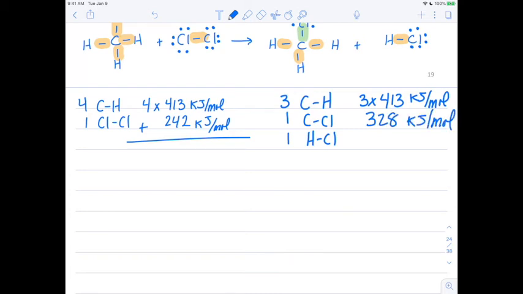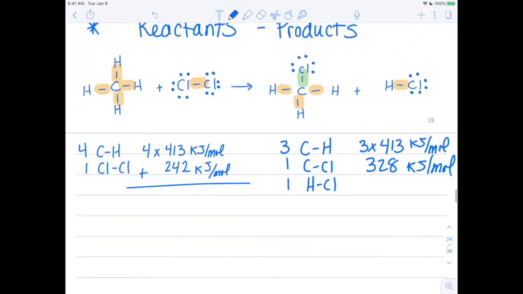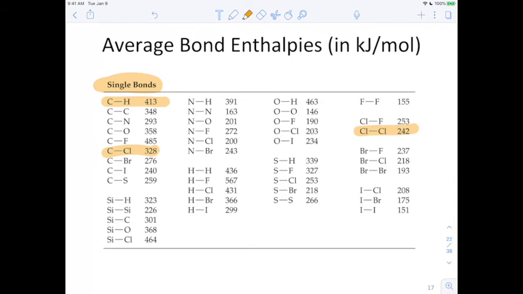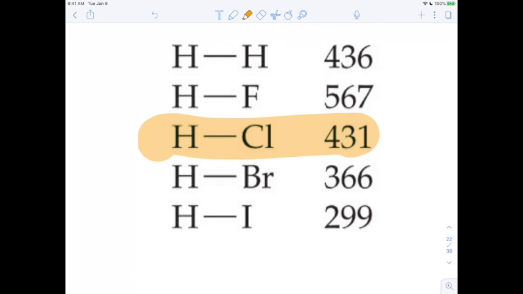And finally we need our hydrogen-chlorine. There it is. All right, 431 kilojoules per mole for our hydrogen-chlorine.